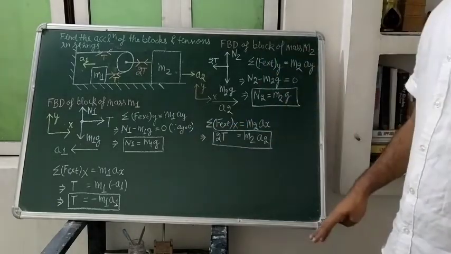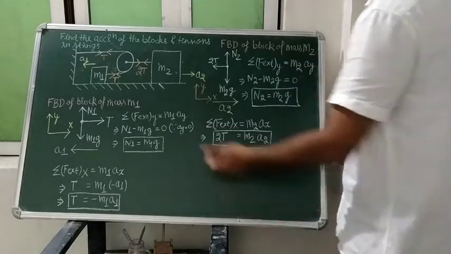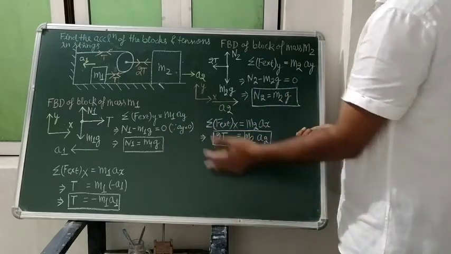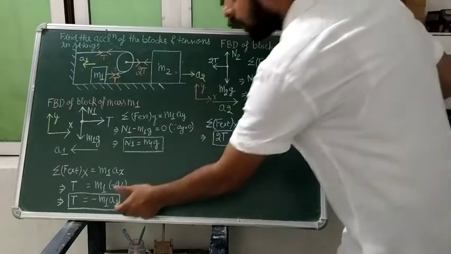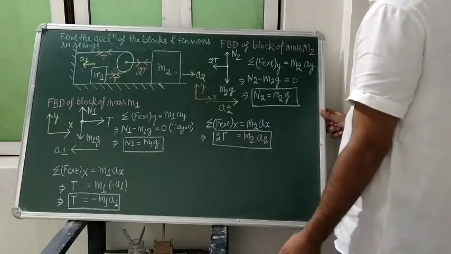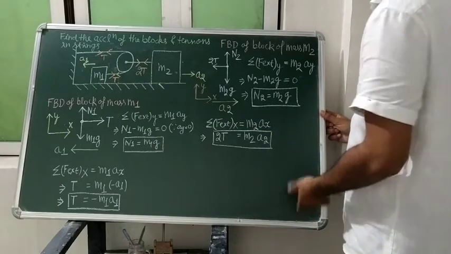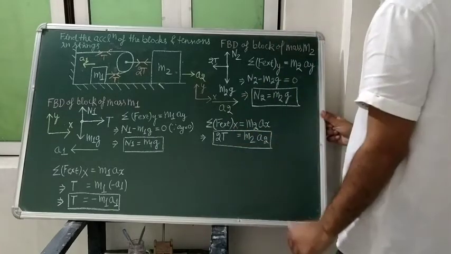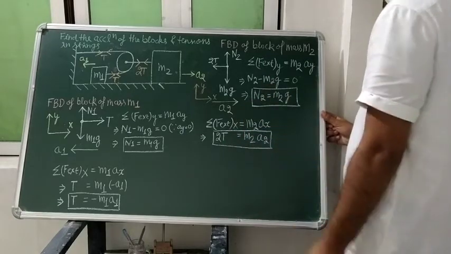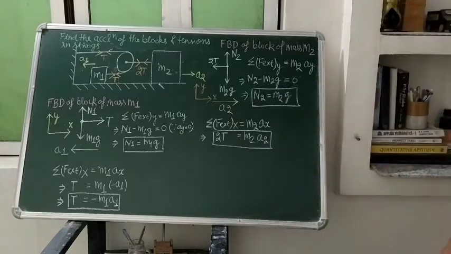There are three unknowns and we have only two equations. These other equations will not come into the picture, they are balanced, not unbalanced forces. So here there are only two equations. So what can we do, student? We will find out the relation between the accelerations, and you can apply the trick or the traditional method. So first write it up here.